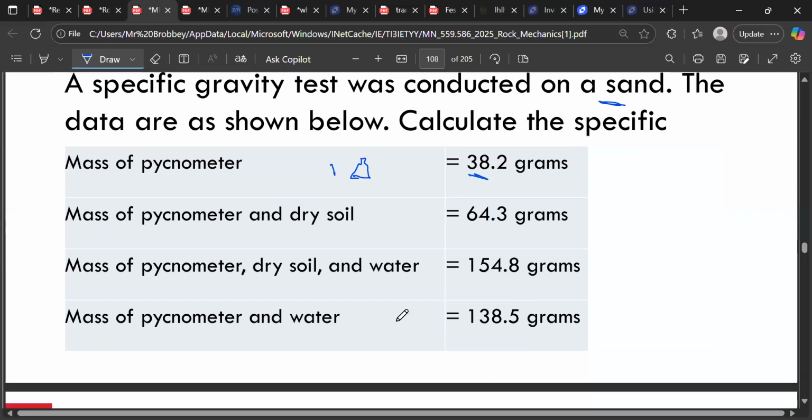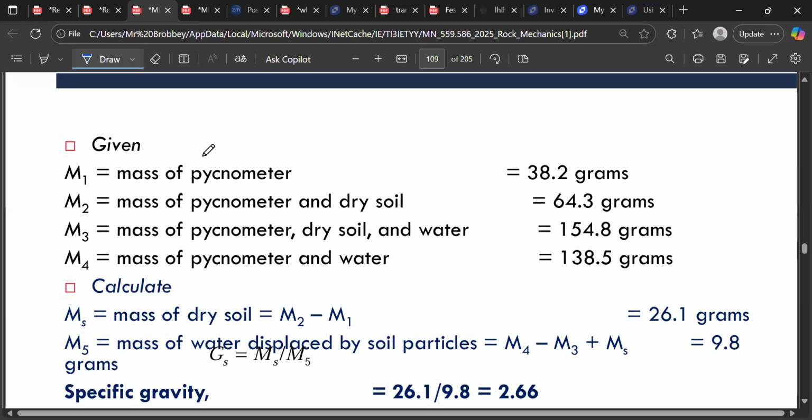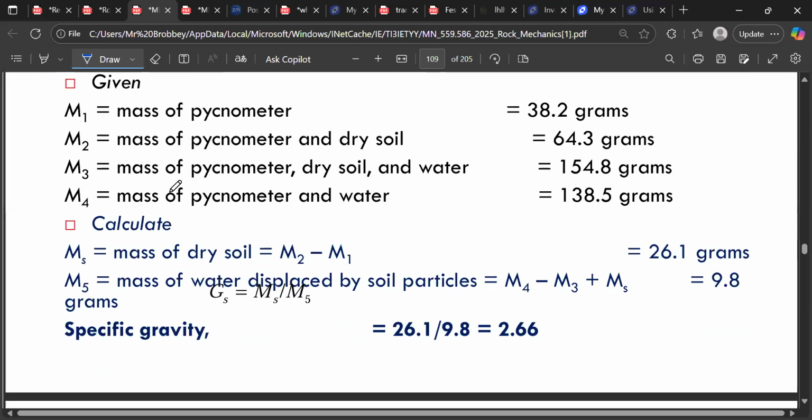Note the key words: dry soil and water, pycnometer and water alone, pycnometer alone, because we are about to deduce a formula. Put this formula somewhere, because this is one of the easiest questions you can get all the marks for. They're just going to take the masses and play with them to have a result.